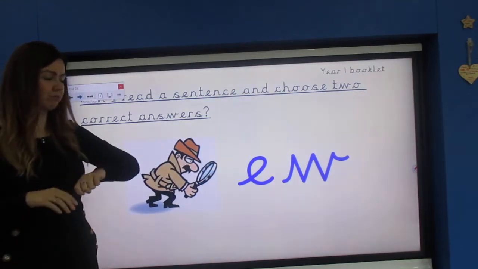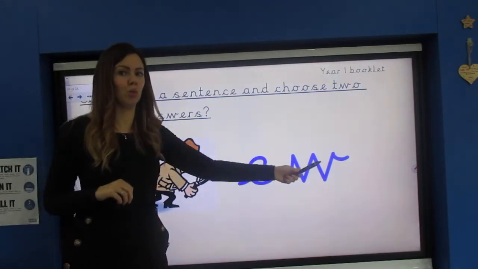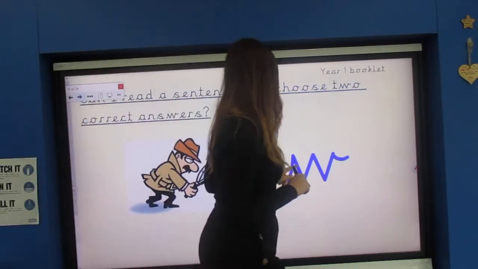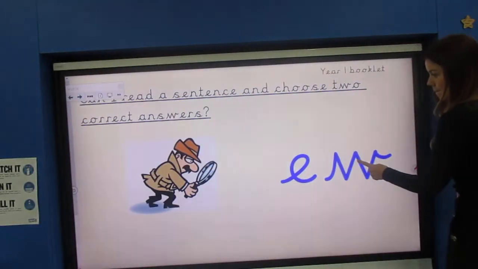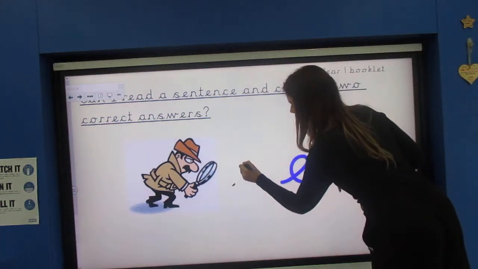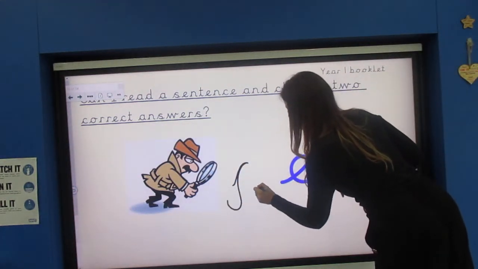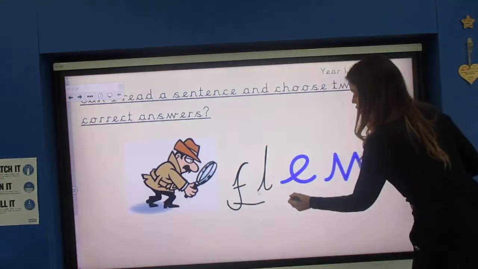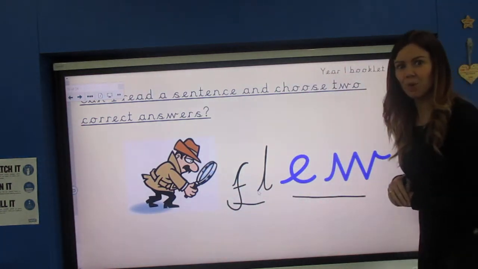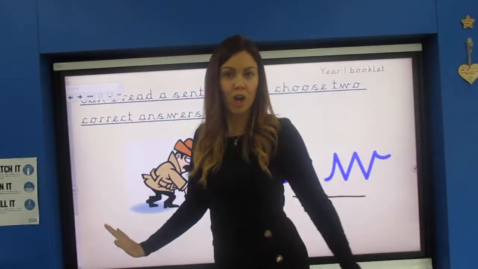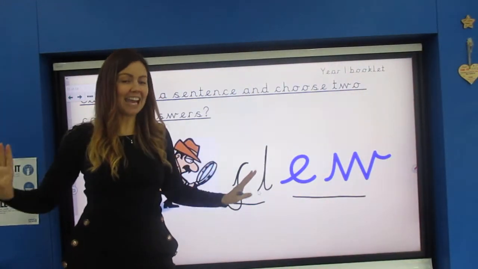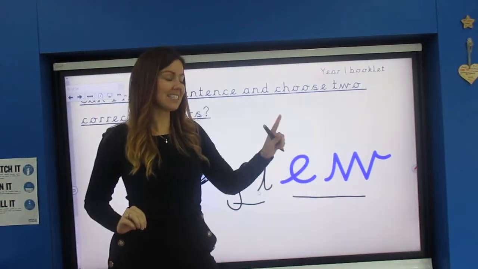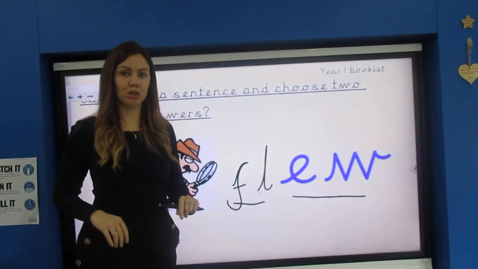This one is an oo sound. Okay? An oo sound. So, if this was in front, it would say flew. Flew. Bird flew through the sky. Okay, flew. So if you see this, put a line underneath it and remember it says oo.